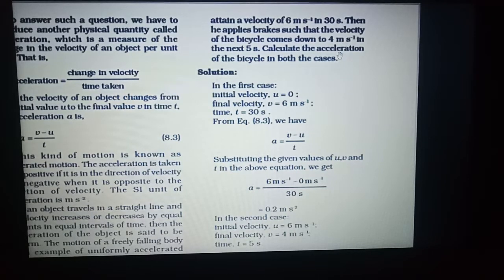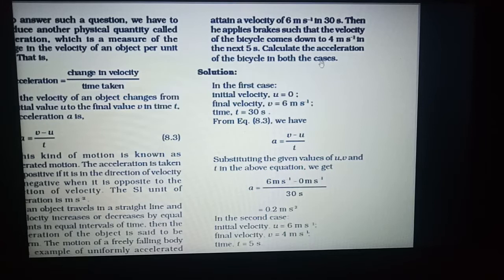Then after certain time he applied the brakes and the velocity decreased. It became 6 meter per second, then it came down to 4 meter per second in the next 5 seconds. For 30 seconds he attained the speed of 6 meter per second. Then when he applied the brakes, his speed became 4 meter per second in the next 5 seconds. Calculate the acceleration of the bicycle in both the cases.